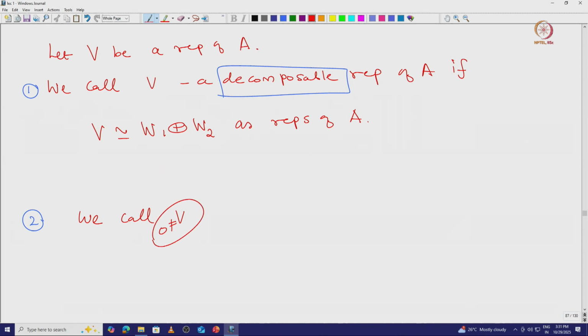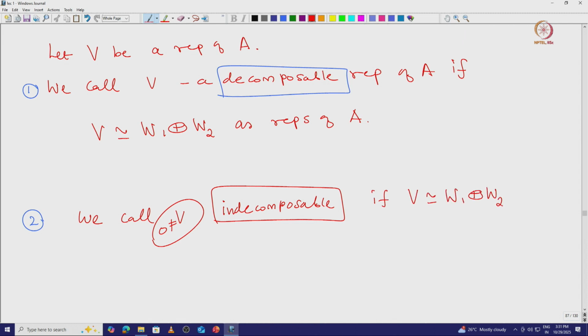So, we call a non-zero representation V indecomposable if it is not decomposable. That means if we have V isomorphic to W1 direct sum W2, then we expect that either W1 is 0 or W2 is 0.